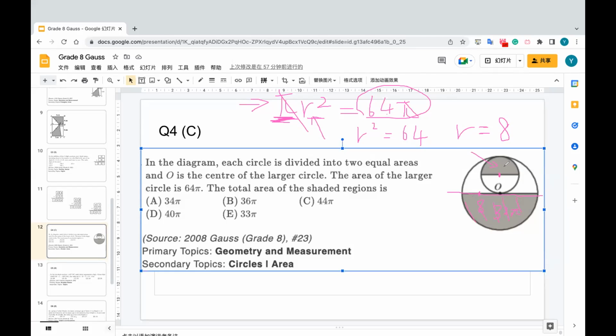The radius is gonna be 4. Since the radius is 4, the whole area of the circle will be pi r squared equal to 16 pi, and half of it is 8 pi. So finally, 32 pi plus 8 pi gives you 40 pi. So the answer is gonna be D.